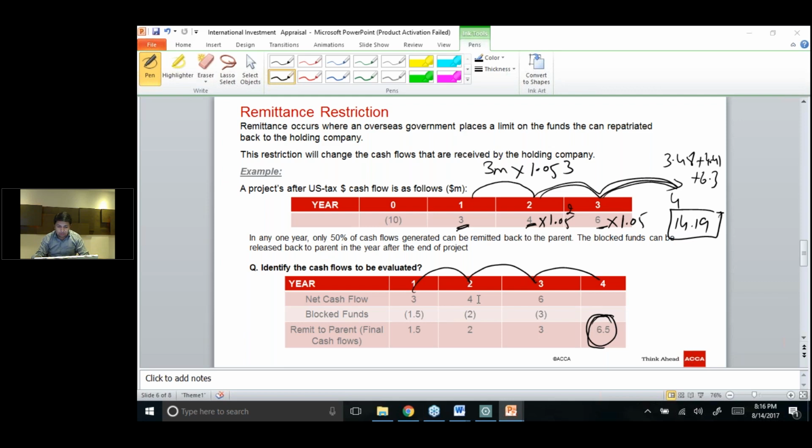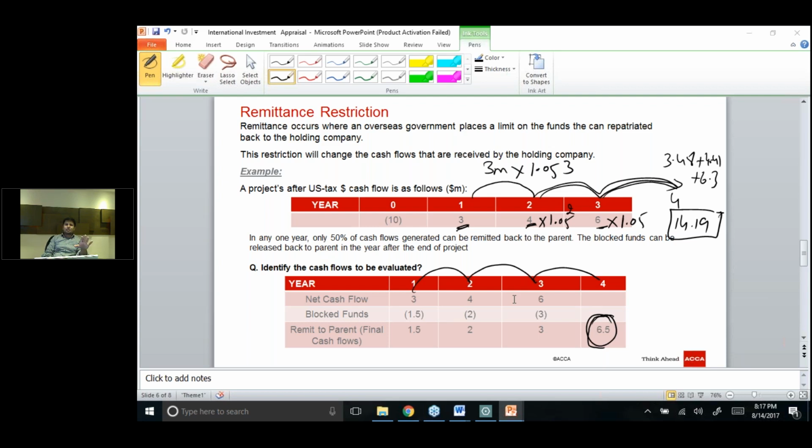These are all the questions from the blocked remittance. If the question is silent and no reinvestment rate is given, just write in assumptions that these funds should have been reinvested in the blocked remittance time period.